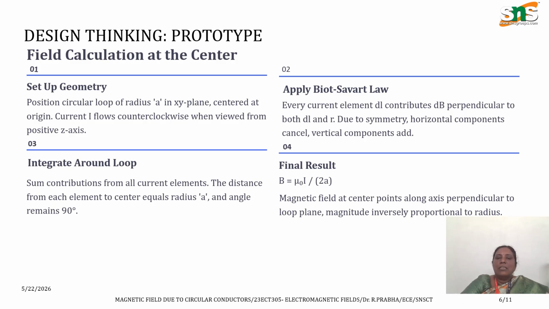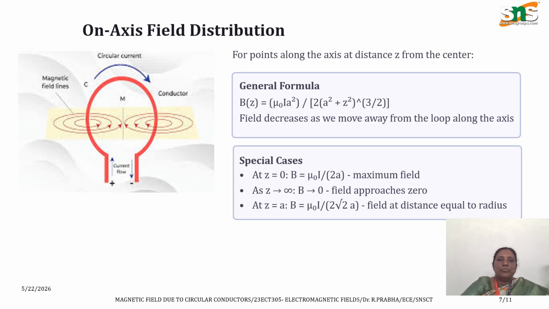So the final result is B equals mu naught I divided by 2a. Here a is the radius of the conductor, mu naught is the permeability of free space, and I is the current through the conductor. The magnetic field at the center points along the axis perpendicular to the loop plane, and its magnitude is inversely proportional to the radius.